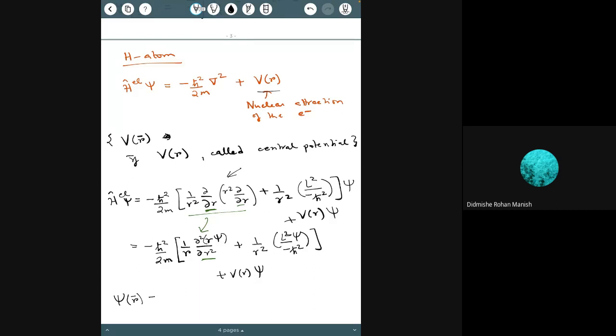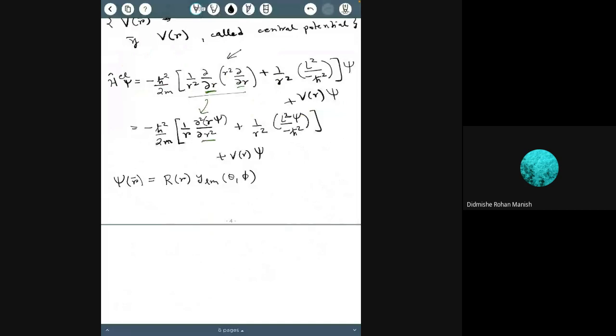So what I was saying is, the wave function has both a radial and an angular dependence. I'll write the radial part as R of r, and this is the angular part Y of theta, phi.